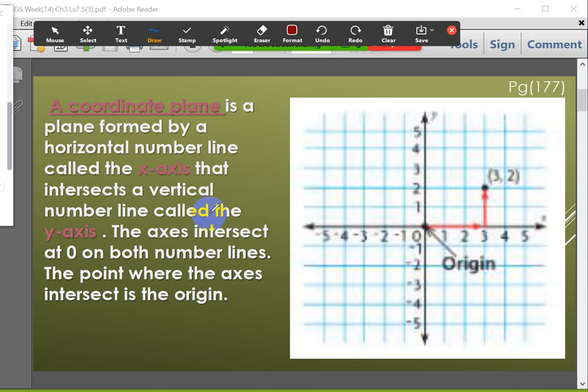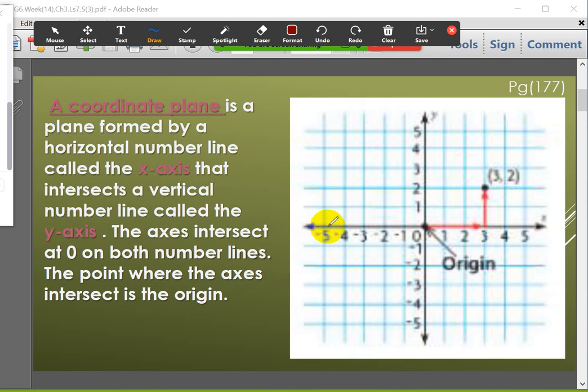Okay, look girls, you have two number lines in the coordinate plane. The horizontal number line, which is this one, has the 0 point in the middle, positive rational numbers on the right, and negative rational numbers on the left.